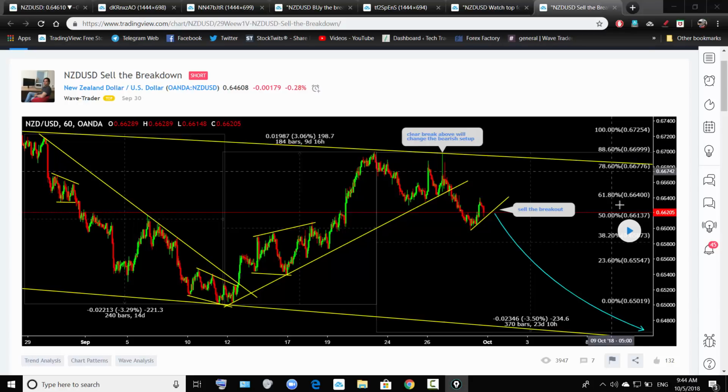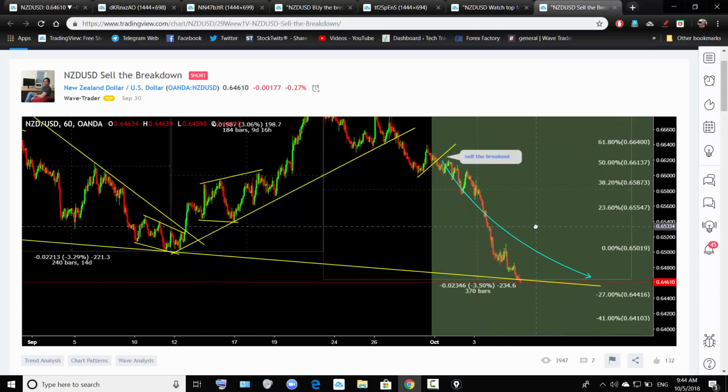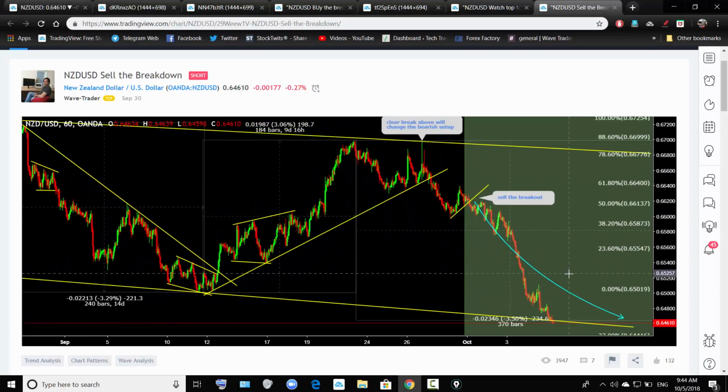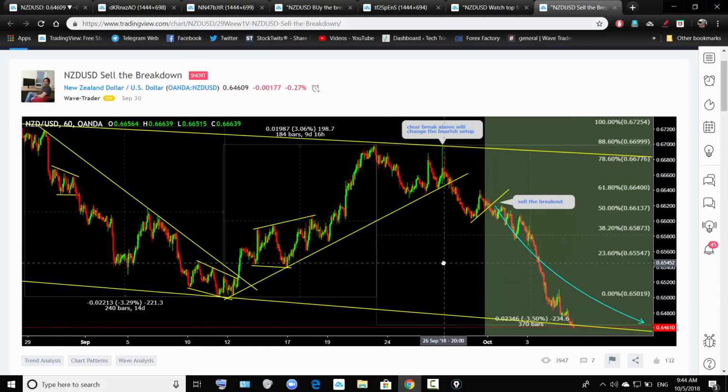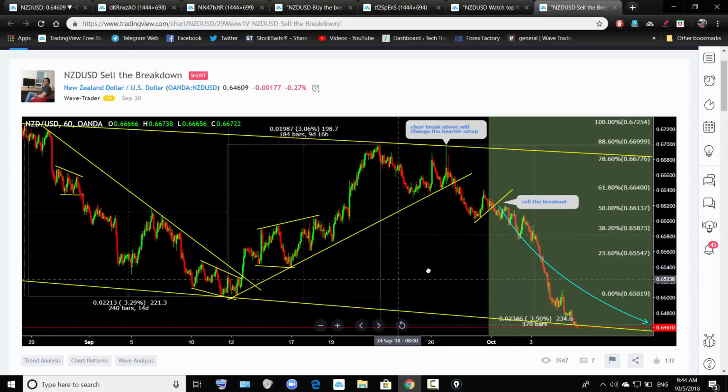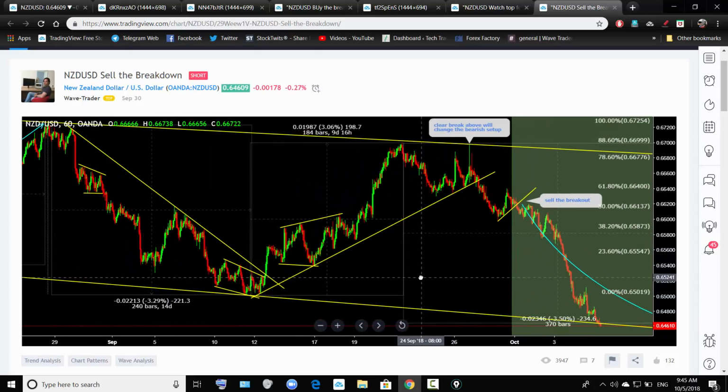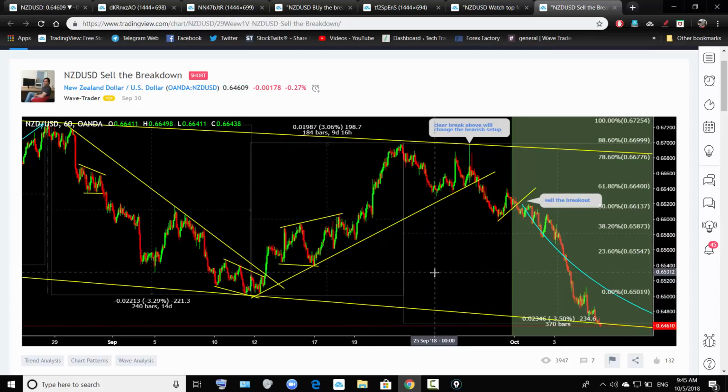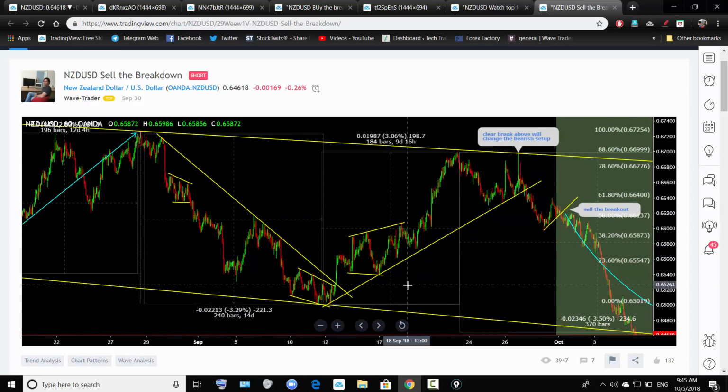So the Kiwi dollar is doing pretty well. It is moving the way we are looking at it, and we are having some nice, profitable trades on this. I hope you guys, those who are following me on TradingView or on social sites, are also taking these trades and making money on these setups.